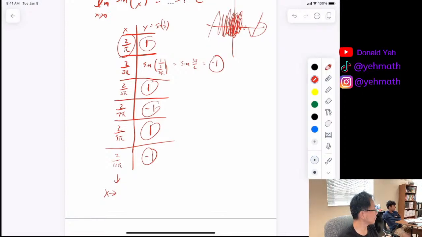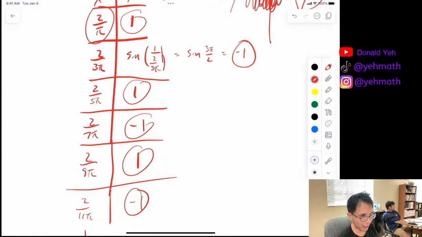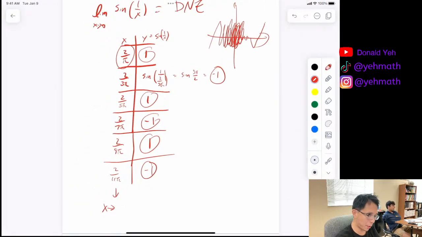Is that okay? So if you had a window, wouldn't you be able to tell? You can, because you can plug in numbers and do it numerically. We just do it at 2 over pi, this is 2 over 3 pi, about 2 over 10, because 3 pi is about 10. This is about 5 pi, which is about 15, right? 2 over 15, 2 over 21, 2 over 27, 2 over 33.